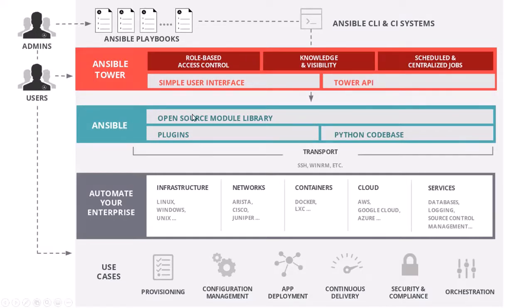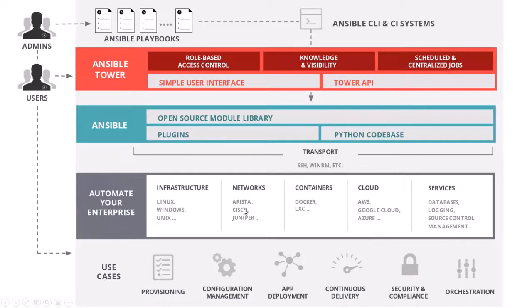Ansible is open source, and you can have module libraries, which we call Galaxy. So Galaxy is available, and you can use the plugins. When you work with the inventories, we have different plugin capabilities. You can also use Python-based code, modules you can develop, and you can integrate with Ansible. So it helps us to automate your enterprise-level infrastructure: Linux machines or Windows, Unix machines.